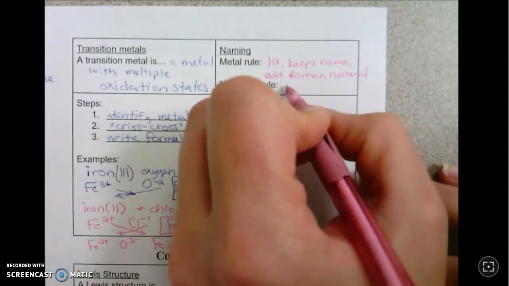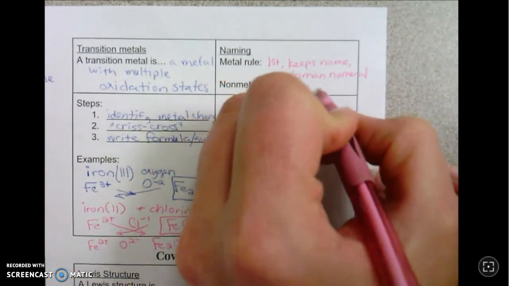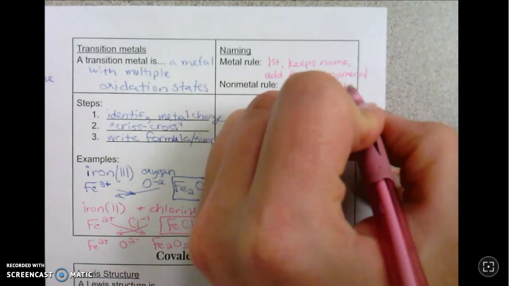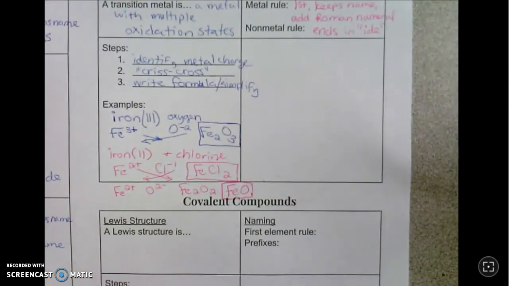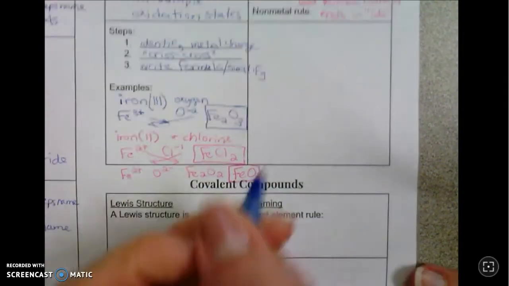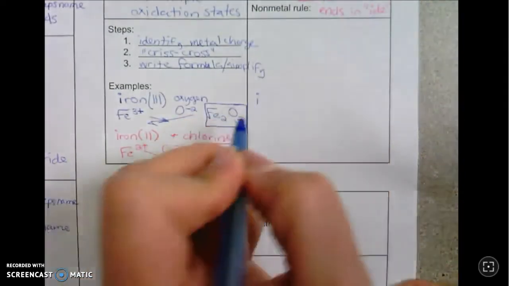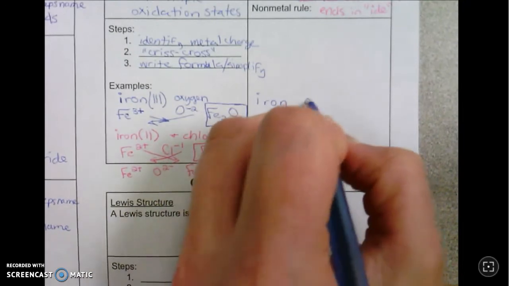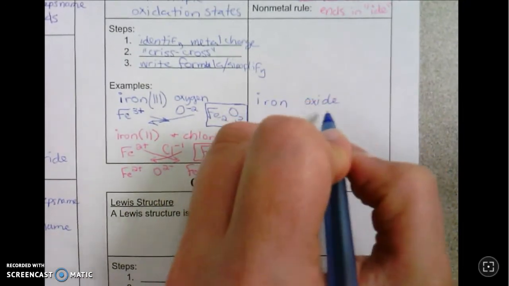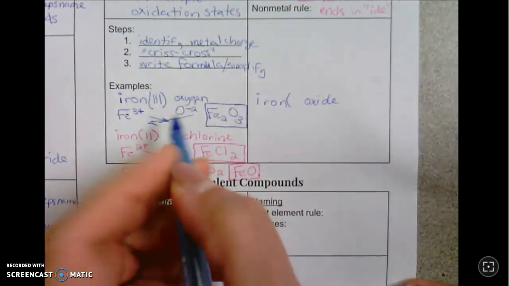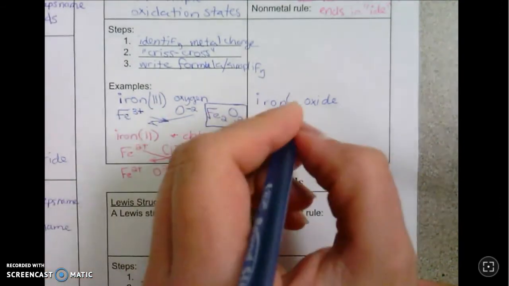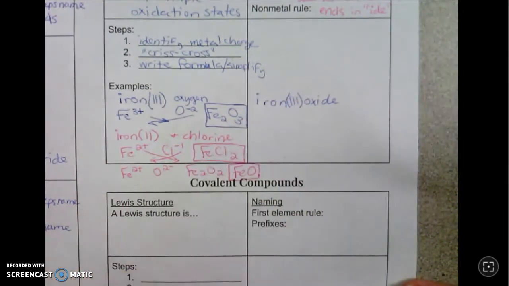The non-metal still ends in "-ide", and it goes second. Okay, so if we wanted to name the first example we did, this is going to be iron oxide, but we need to show the Roman numeral for the charge. So the charge is 3 of our iron, if you recall. So we're going to write iron(III) oxide.